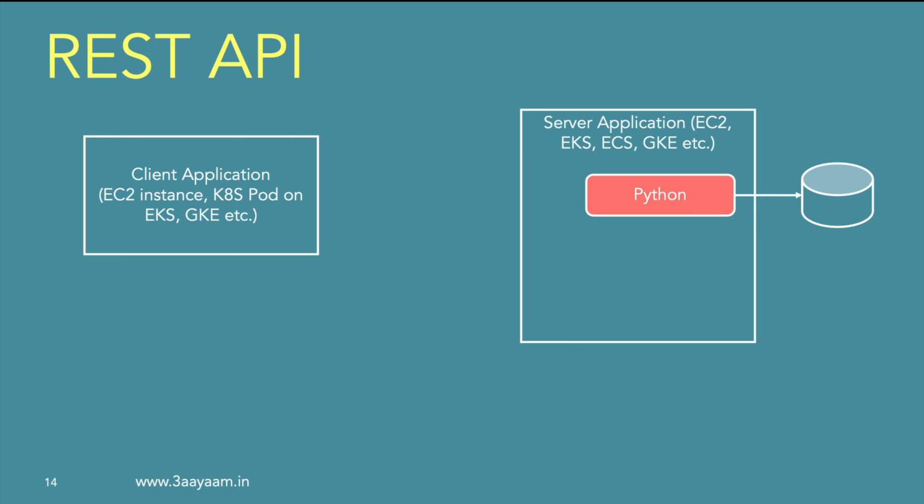So let's say the program is running on port number 6000 and the IP address of the EC2 instance for that matter is 20.10.101. As the program is running on port number 6000, the endpoint URL would be 20.10.101 followed by colon 6000, because that's where the program is running.